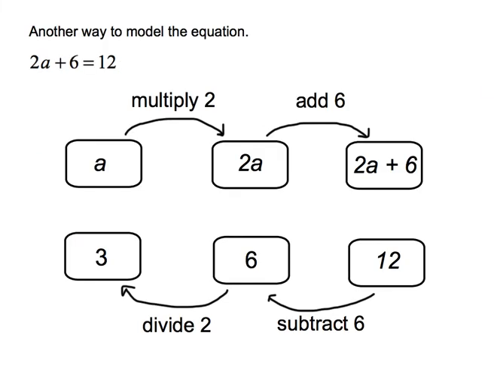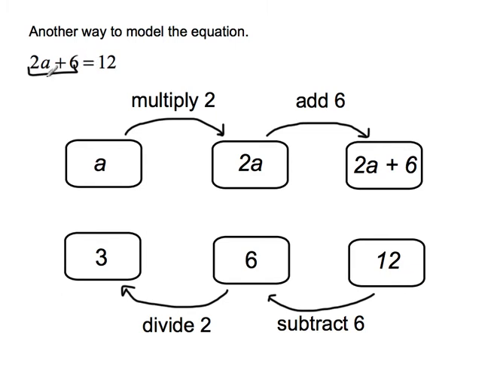Well, let's take a look now at the exact same equation, building it with an arrow diagram. So once again, in an arrow diagram, we start with our variable. We do the order of operations, so we times by 2 first to build the equation, and then we add 6. So we get 2a plus 6 on the left-hand side of our equation.